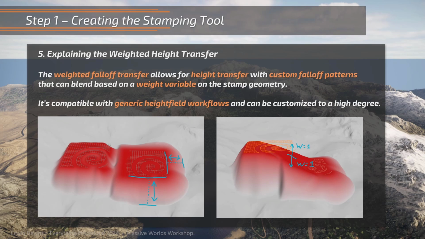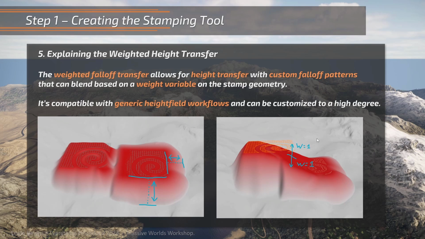Each voxel in the landscape can sample from multiple stamps at the same time, determined by the amount of samples that each voxel is allowed to make, and it will find a weighted average for that voxel to return a height value between them. So in this instance on the left, for example, we can see that each stamp has a different fall-off pattern. Depending on the height of the stamp compared to the terrain or its depth, it can also have different types of fall-off patterns.